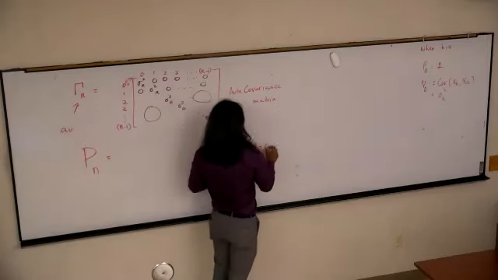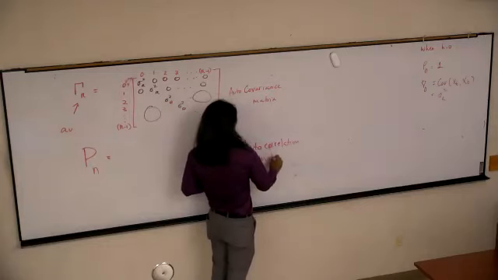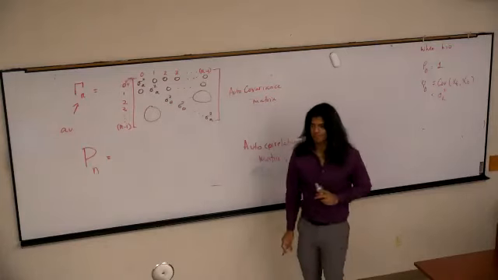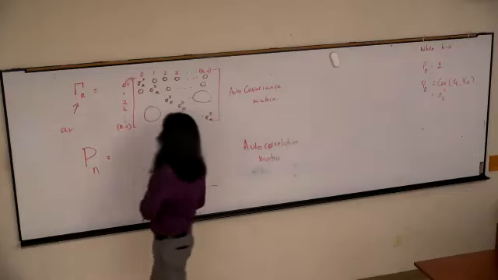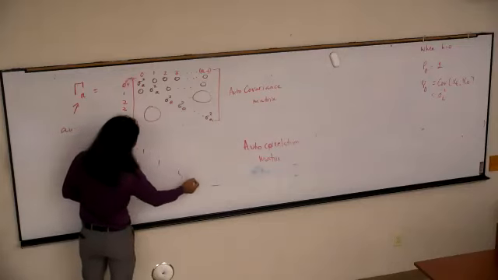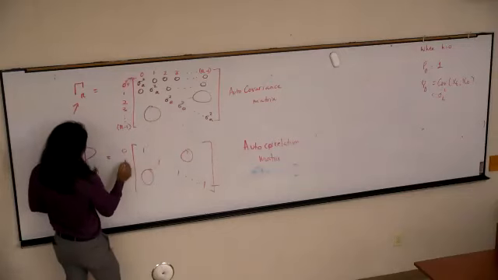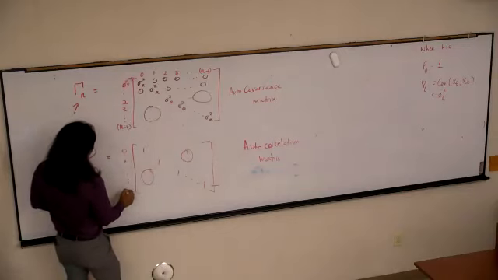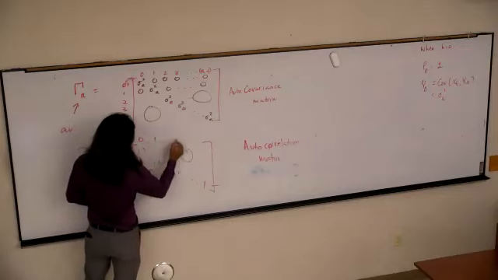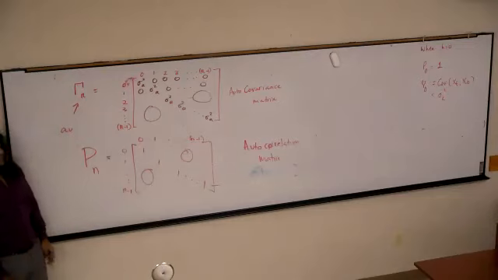Any thoughts as to what that is? In this case, the diagonal elements are going to be 1, so 1, 1, 1, dot, dot, dot, 1, 0, 0. A simple identity matrix.